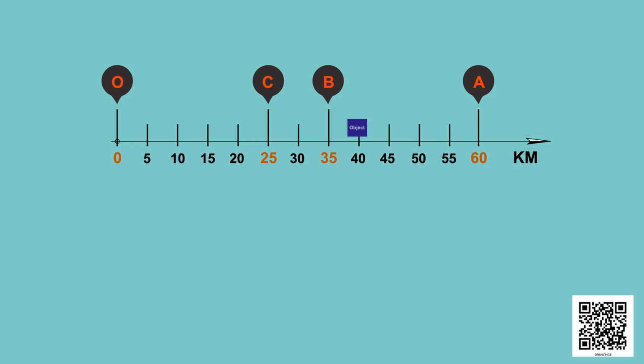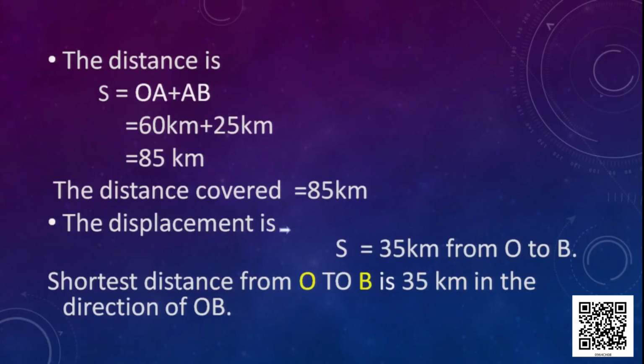At the initial position it is 0, then at the final position B, below B it is mentioned 35. That means position B is 35 kilometers away from position O. That's why OB is equal to 35 kilometers. So the shortest path length between O and B is 35 kilometers, which is the displacement of the object.